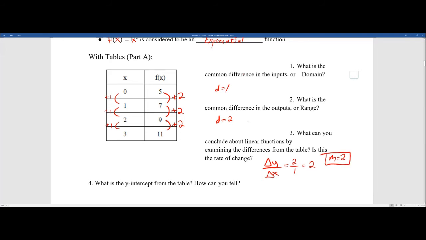So your slope or rate of change is 2. 2 what? That depends on context. So if this was dollars and this was candy bars, your rate of change would be written like this with context: $2 per candy bar. That is considered rate of change with context.